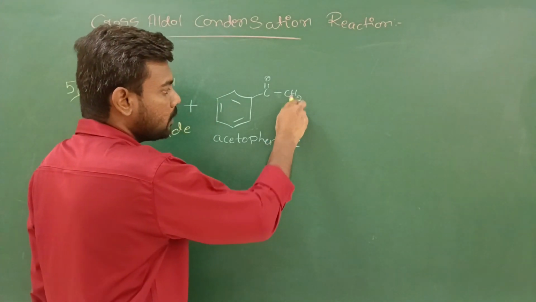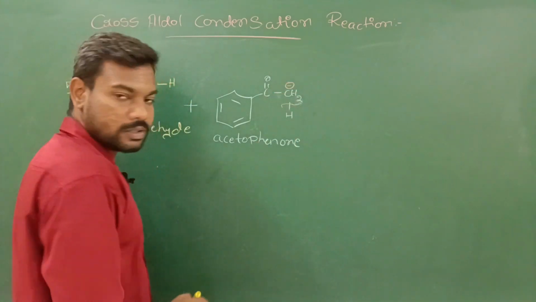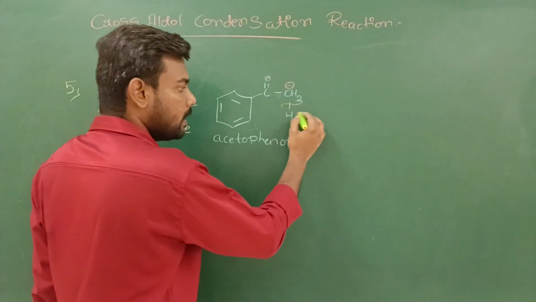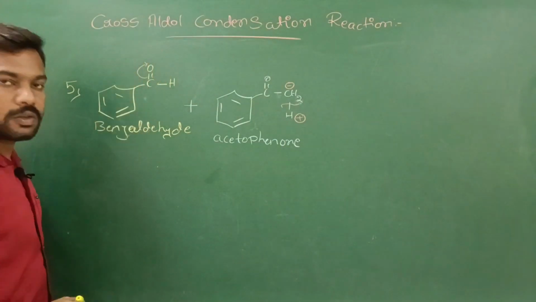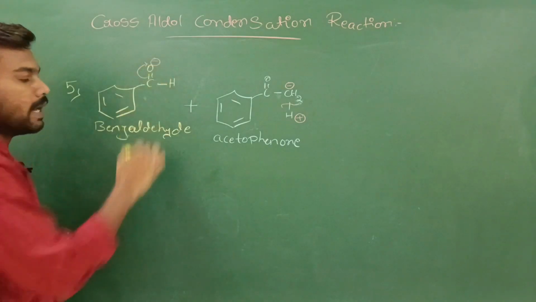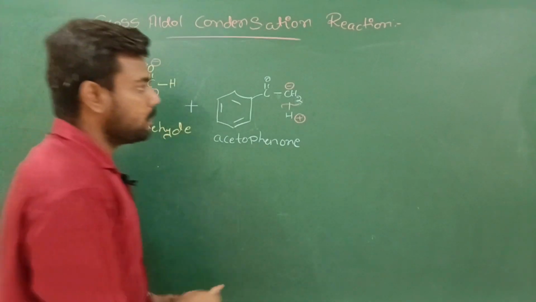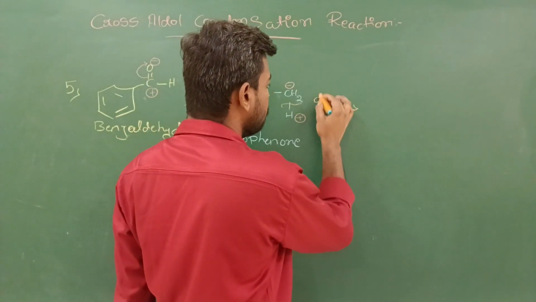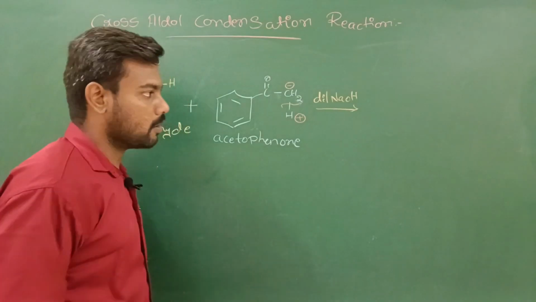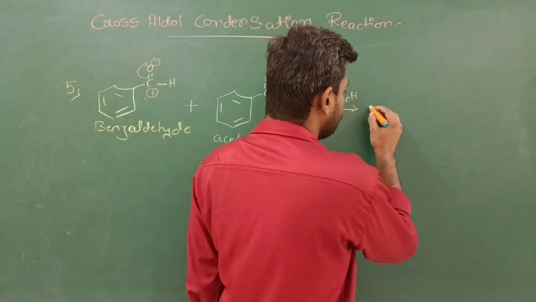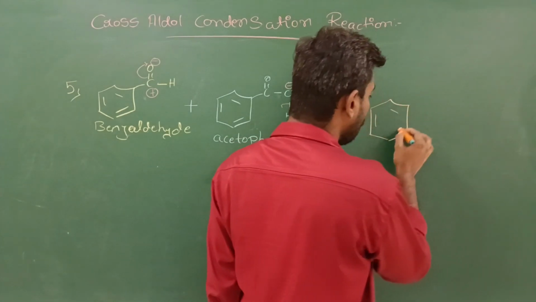The bond between the carbon atom and the hydrogen atom will break. The carbon atom will carry a negative charge and the hydrogen atom will carry a positive charge. Here, the electrons shift to the oxygen atom. The oxygen atom will carry a negative charge and the carbon atom will carry a positive charge. In the presence of dilute sodium hydroxide, we form an aldol.